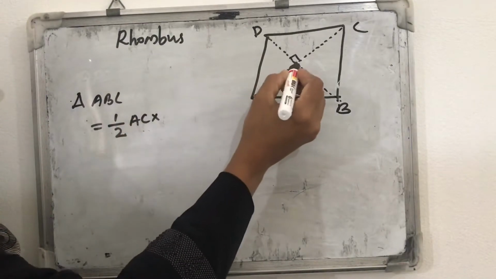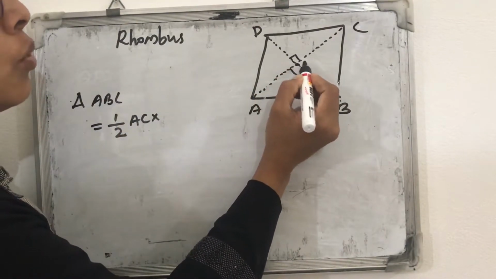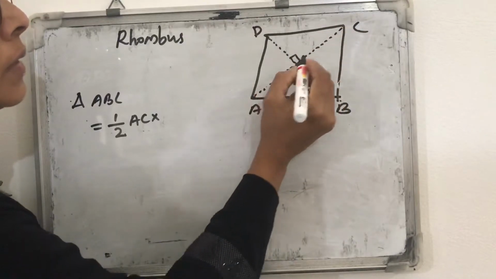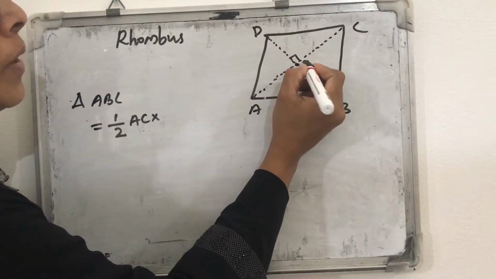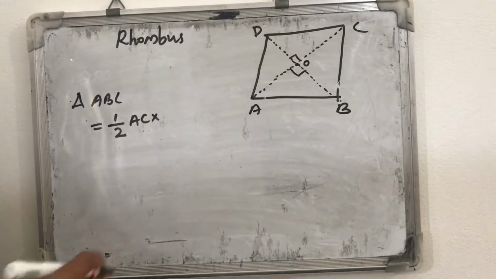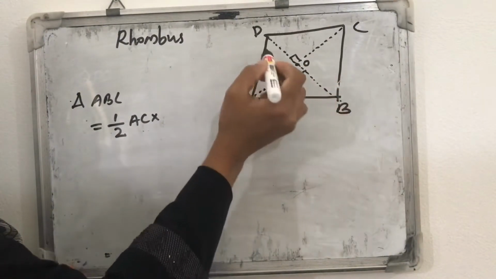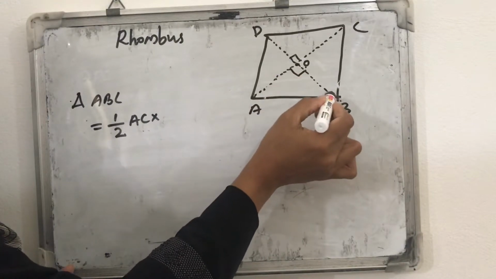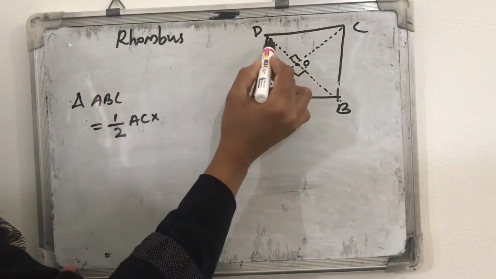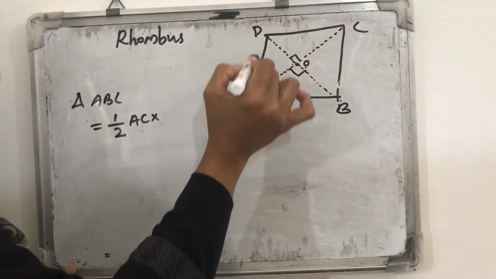AC into height. When we draw the two diagonals, we can mark the intersecting point as O. BO will be the height of the triangle ABC, and DO will be the height of the triangle ADC.